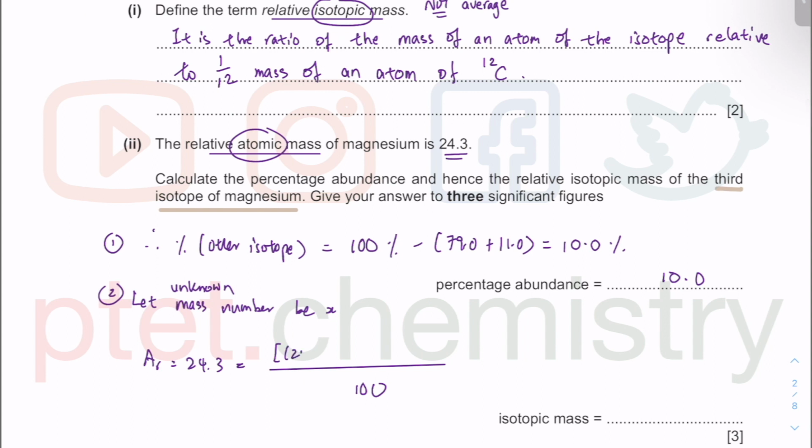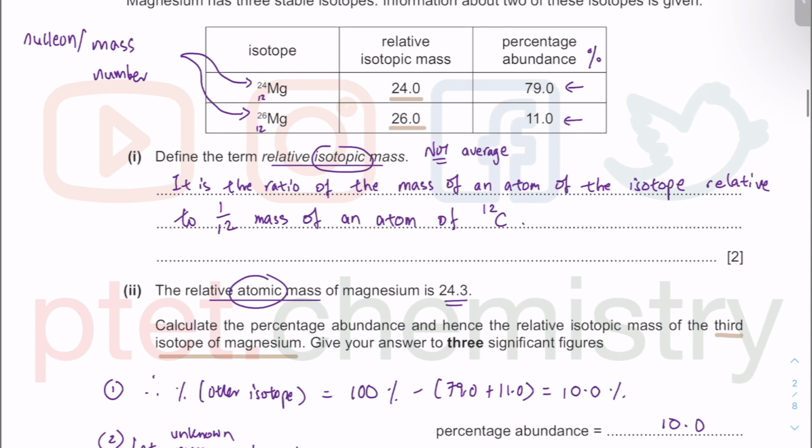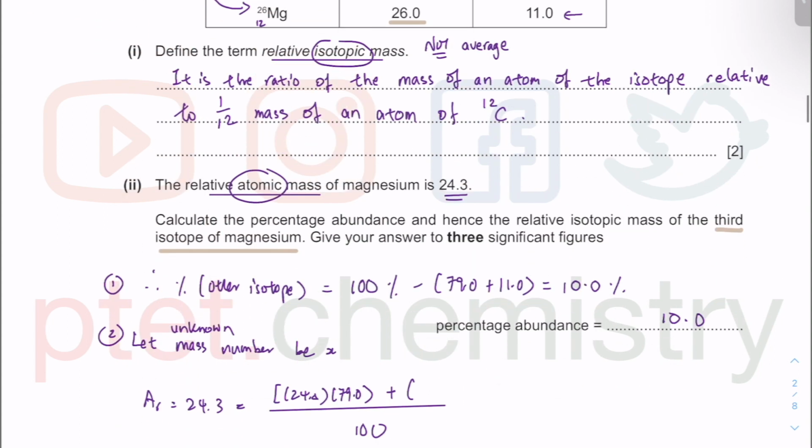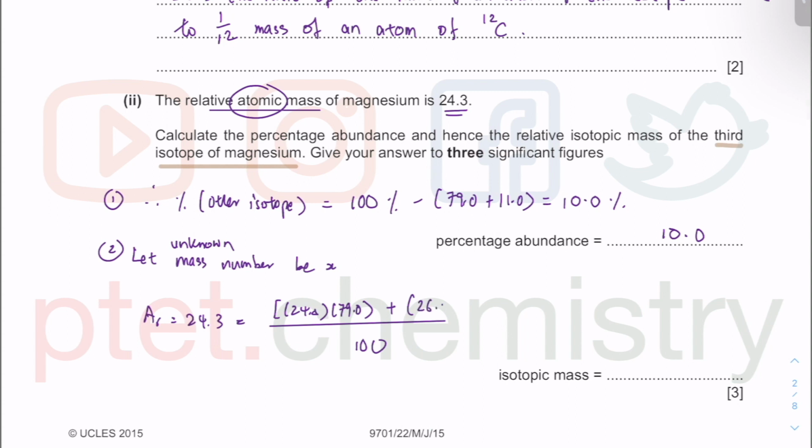I add it together with the other isotope, 26.0 times 11.0. And then I have to do the unknown mass number, which is x, multiplied by 10.0. Better improve my handwriting a little bit.